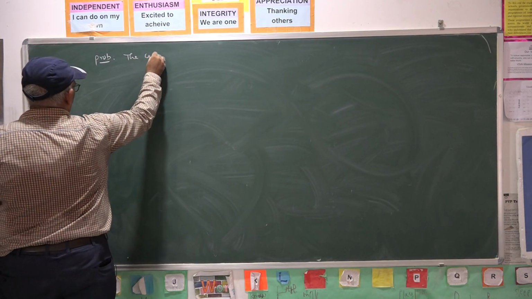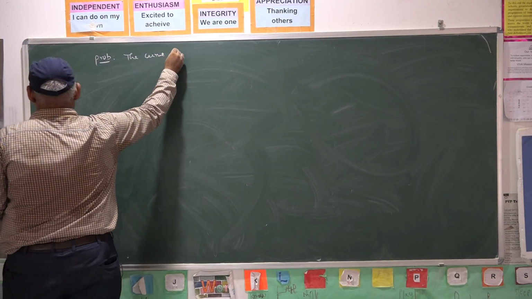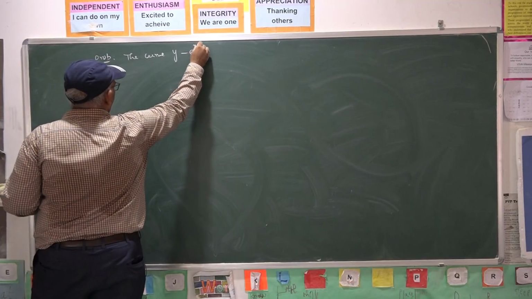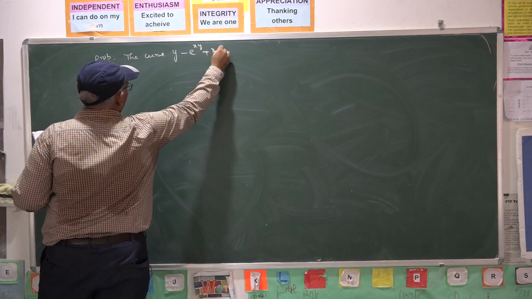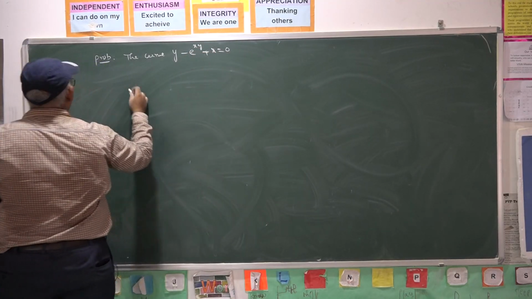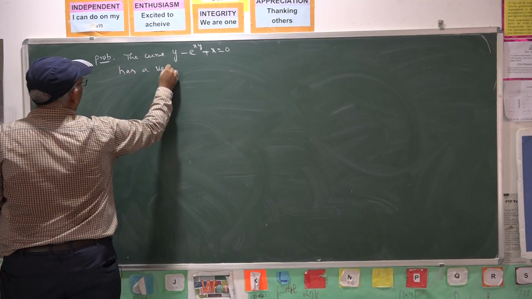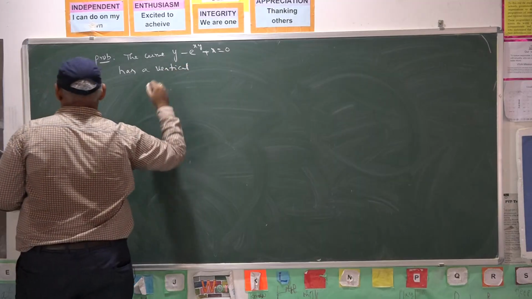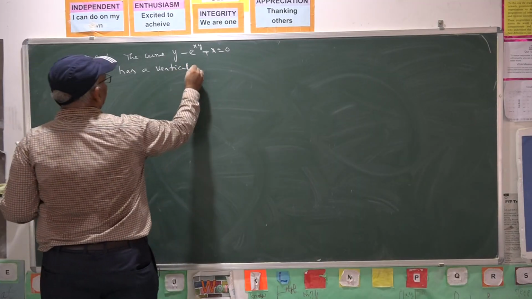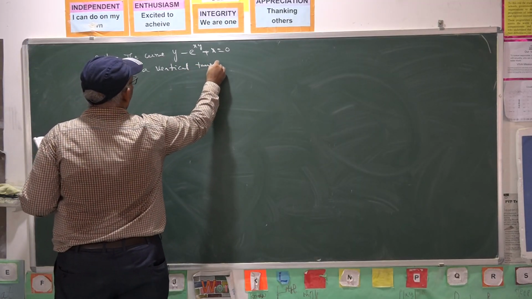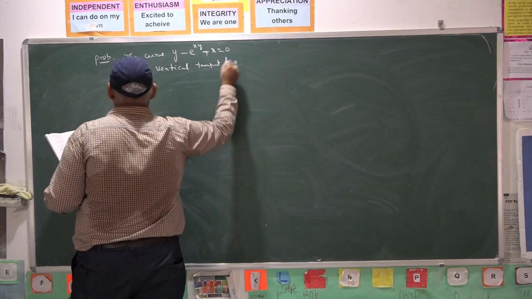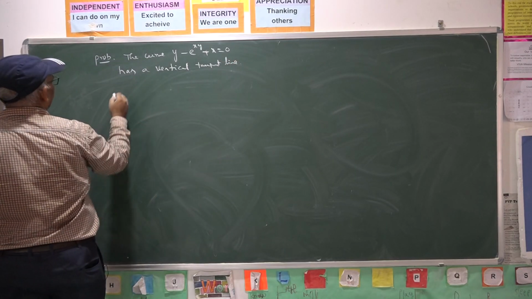The curve y minus e power xy plus x equal to 0 has a vertical tangent line at the point.